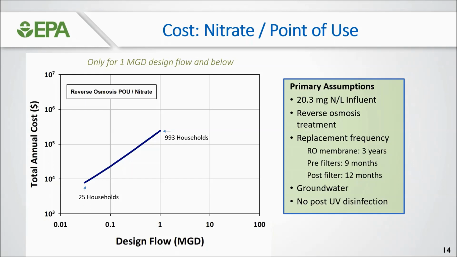So we limited this discussion to below 1,000 households. At the very bottom end of the range is a system that has only, say, 25 households. So that's the smallest type of situation you'll run into. And this is the cost curve. For this, you don't have the high and low categories because they're just point-of-use devices that you can install.